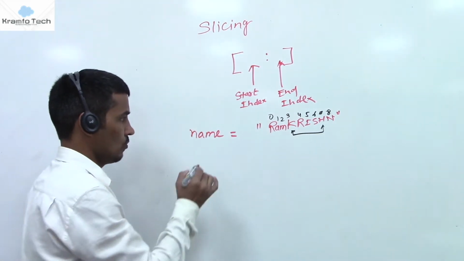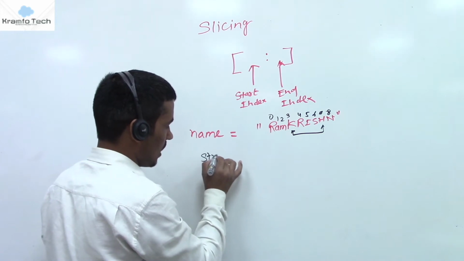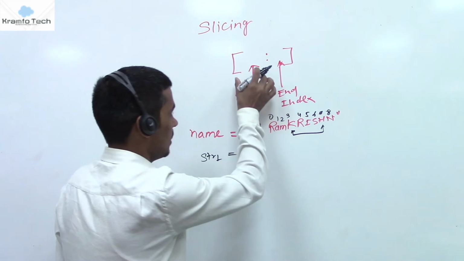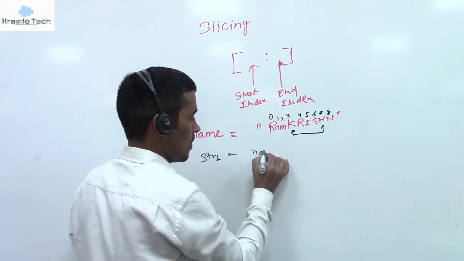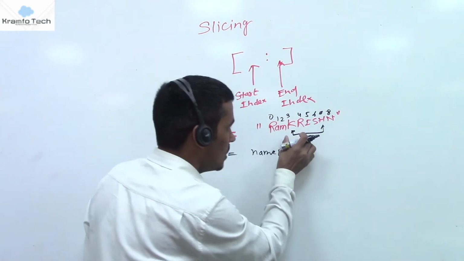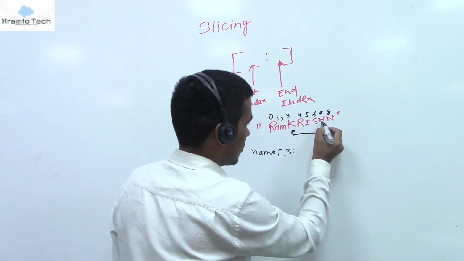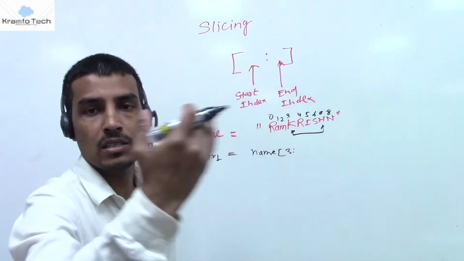I'm giving another string variable, str1, and you write the original string variable name, square bracket, the start index which is 3, colon, and it should print till index 7, so we have to give one index ahead.